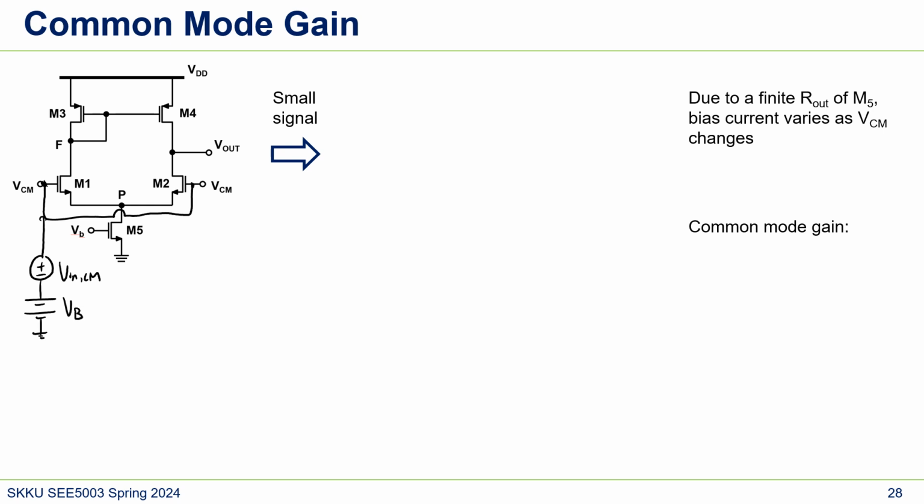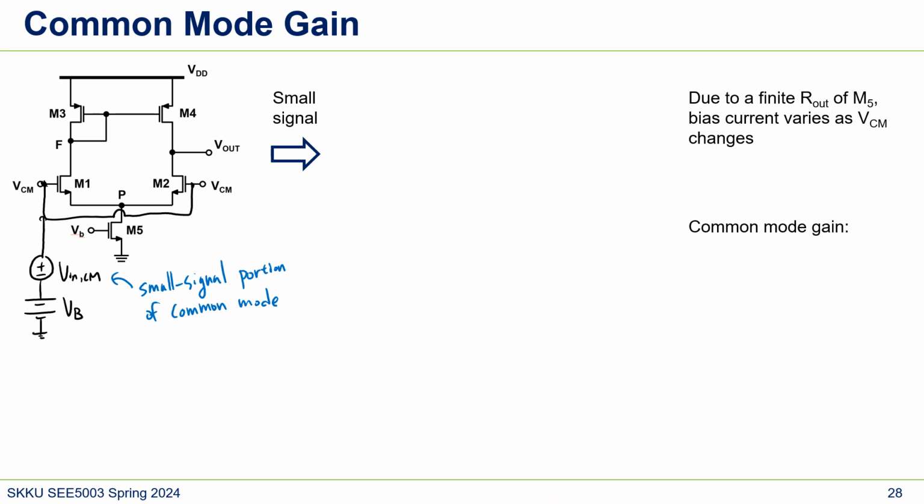So this is the small signal portion of common mode. So basically, due to a finite R out of M5 here, because that's not like a perfect current source, the bias current changes as VCM changes because of the channel length modulation, right?